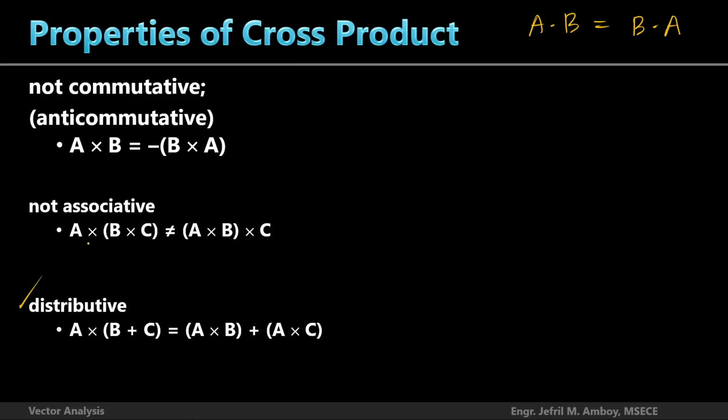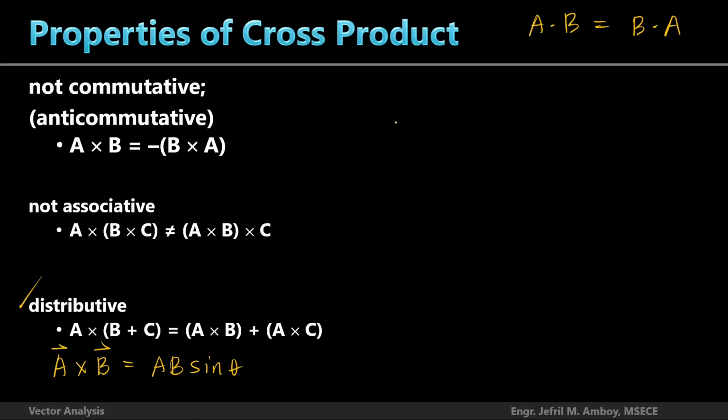Now let us recall that the cross product of vectors A and B, let's write it down, A cross B, with arrows on top to indicate that they are vectors, is equal to the product of their absolute values, AB, multiplied by the sine of the angle theta between them. Now, if the two vectors are parallel, then the angle between them is 0, and thus the cross product would be 0 because sine of 0 is 0. The same is true if the two vectors are antiparallel or opposite.